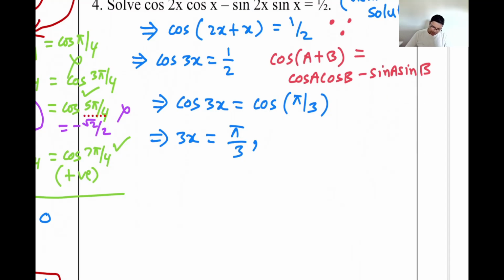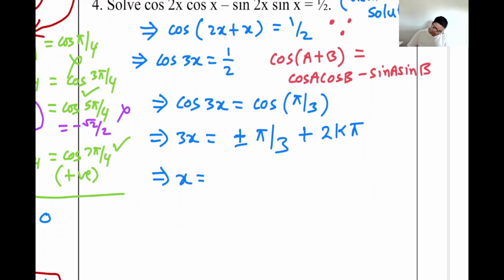So I'm going to just write plus minus pi over 3. 3x is equal to plus minus pi over 3. And because cosine is periodic with 2 pi, you can write plus 2k pi. That gives you x equals 2 pi over 3 k plus minus pi over 3.